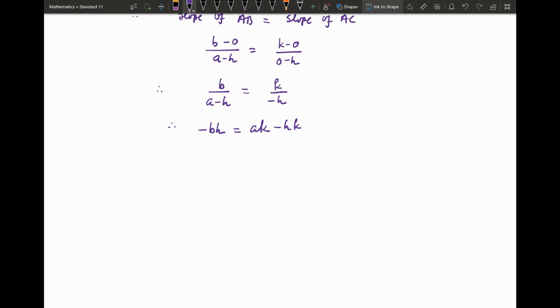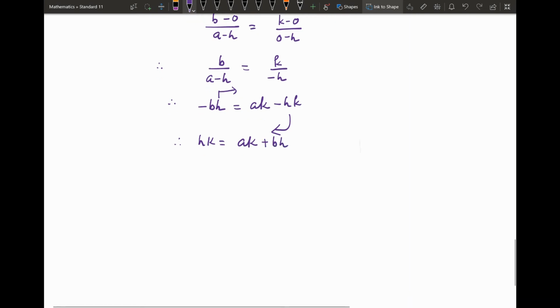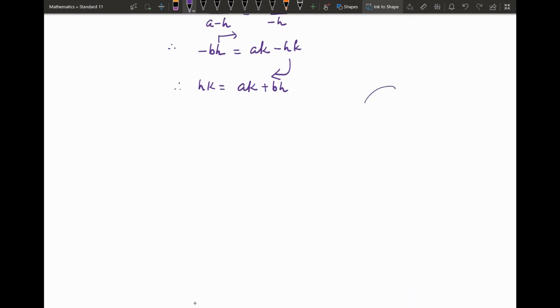Now we have to prove a by h plus b by k equals 1. So transfer this term: hk equals ak plus bh. Now divide throughout by hk, which is not equal to 0.